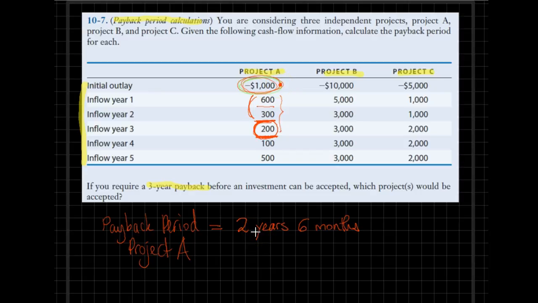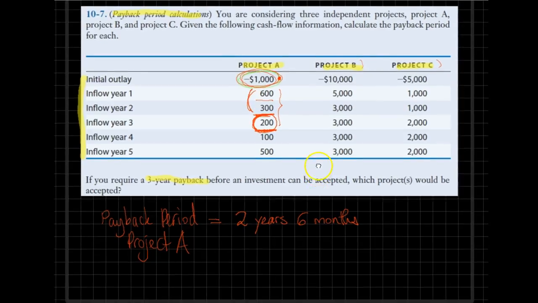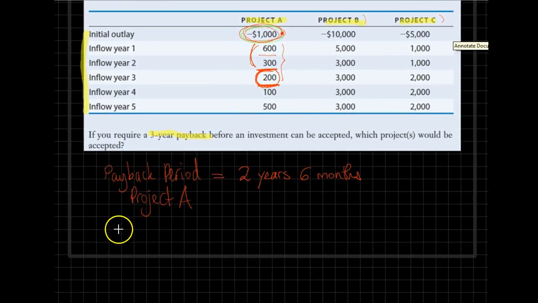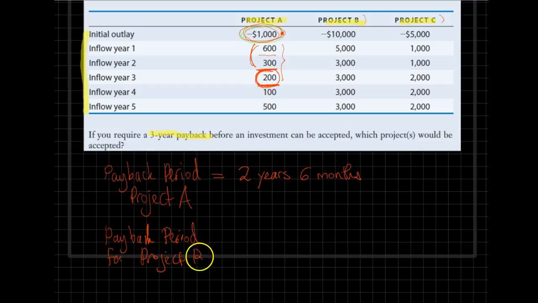Now we can apply a similar logic to projects B and C as well, right? So let me just scroll down slightly. Okay, there we go. So the payback period for project B would be equal to, let's do the same logic.